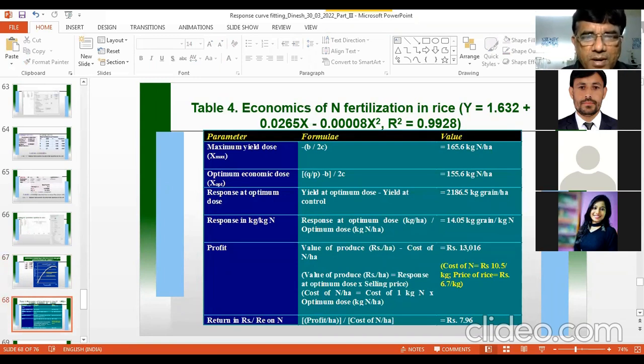When you have the formula and work out the optimum dose, suppose you are writing it in your thesis or research paper, you can write in this tabular form: maximum yield dose, formula minus B upon 2C, calculations or answers, optimum dose, response, and all these things.